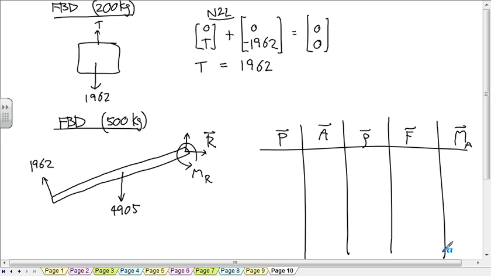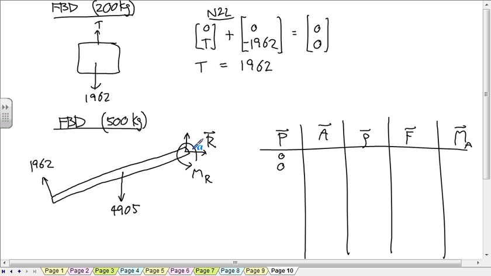Okay, so to simplify the math a little bit, the best place for the about point is at that fixed joint. I'm also going to put the origin there, but remember, you don't have to put the origin and about point in the same spot. I end up doing that pretty often.